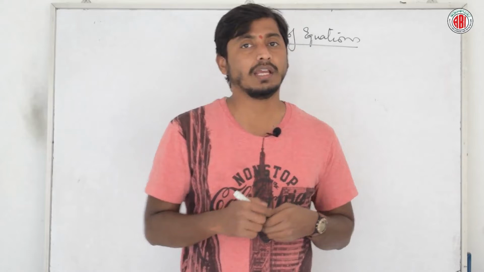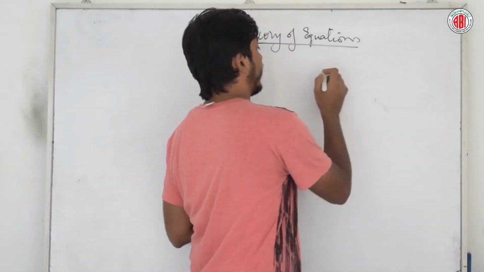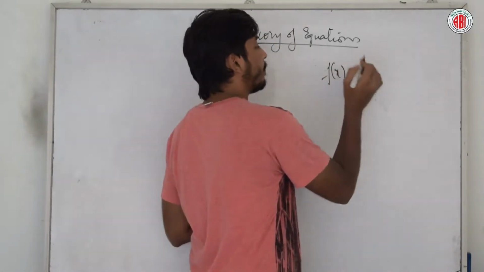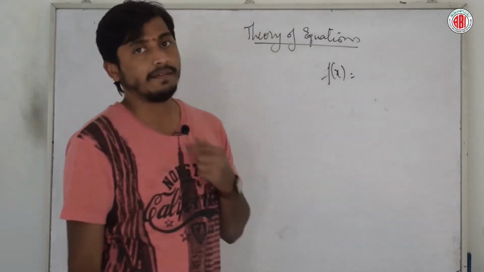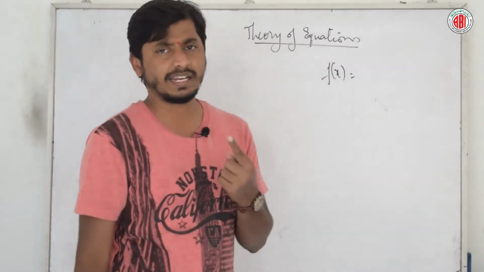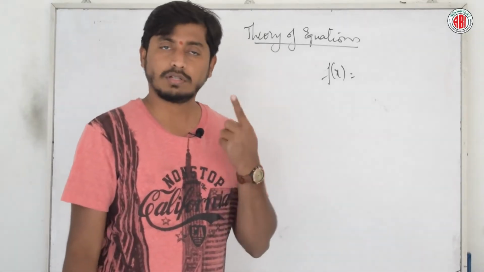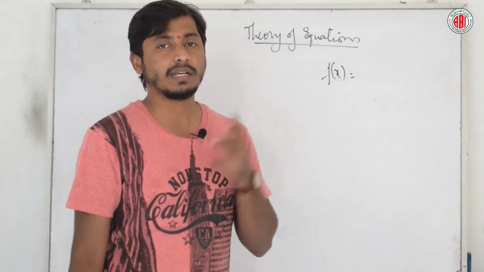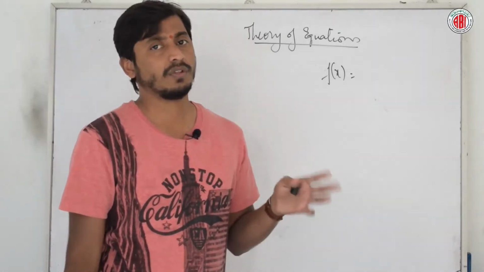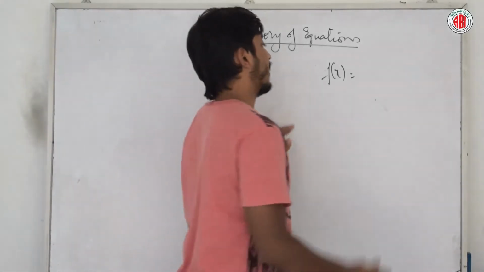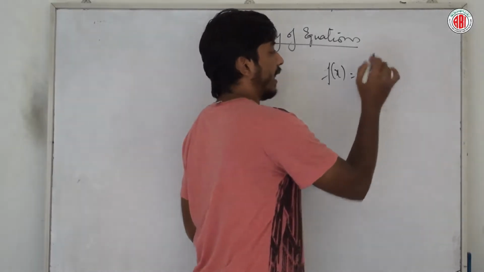Now first tell me, what is a general polynomial? A polynomial can have degree 1, 2, 3. If it is 1, it can be linear, binomial, trinomial, polynomial also. So a function can have a degree of power n.